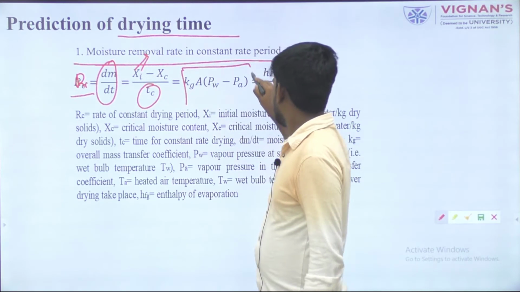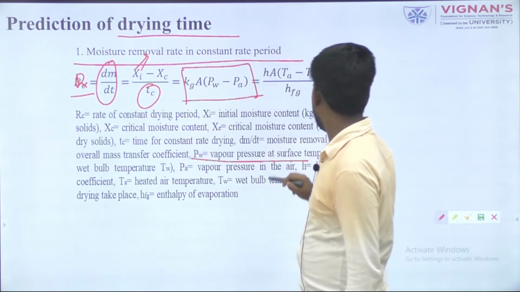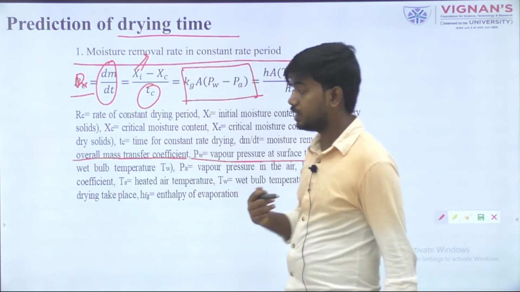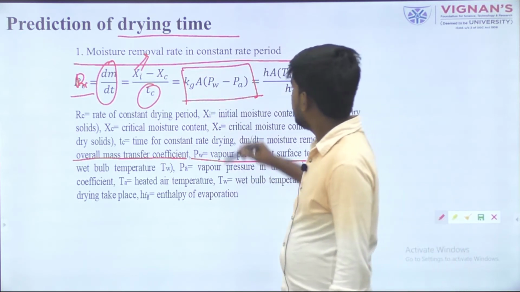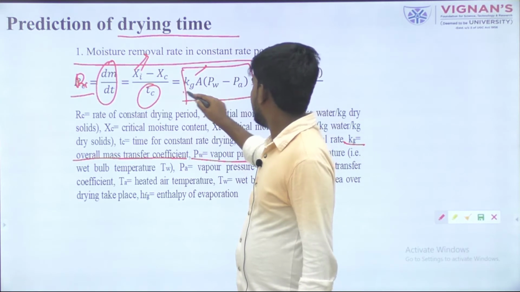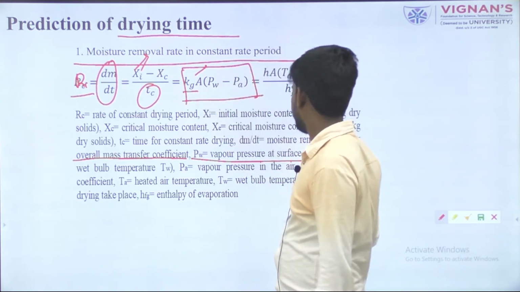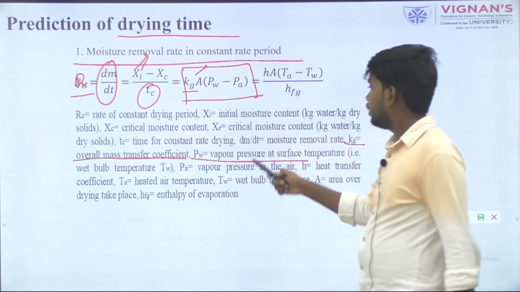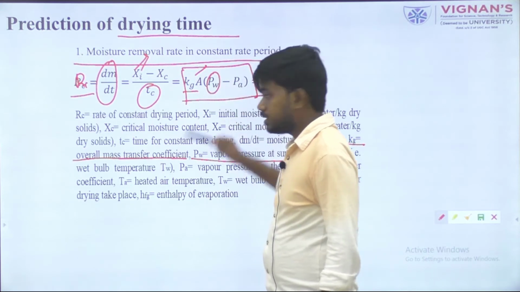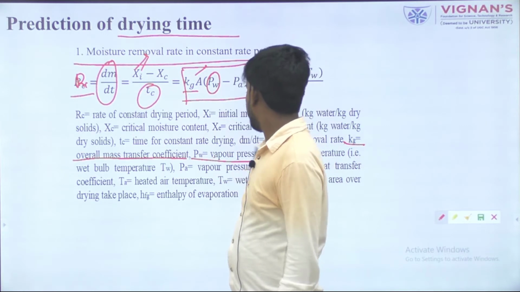In another terminology, the vapor pressure terminology, if you want to calculate using the mass transfer coefficient, what is required for the drying rate? It is kg into A into (Pw minus Pa). Whenever an equation is written with Pw, always remember this is the vapor pressure.